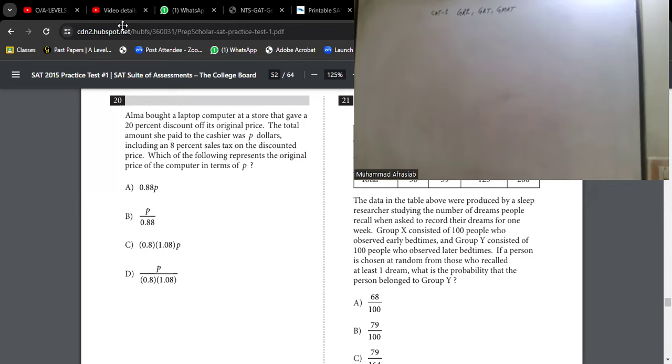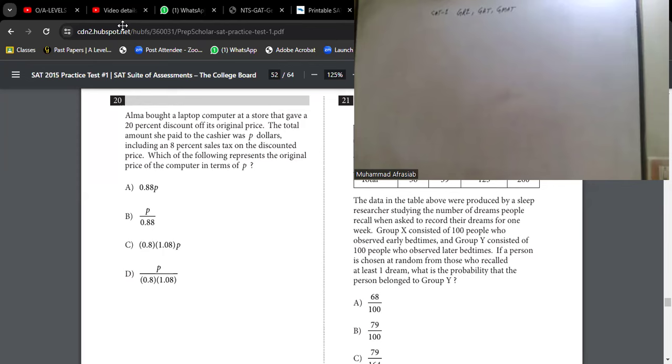Group X consists of 100 people who observed early bedtimes, and Group Y consists of 100 people who observed later bedtimes. If a person is chosen at random from those who recalled at least one dream, what is the probability that the person belongs to group Y?